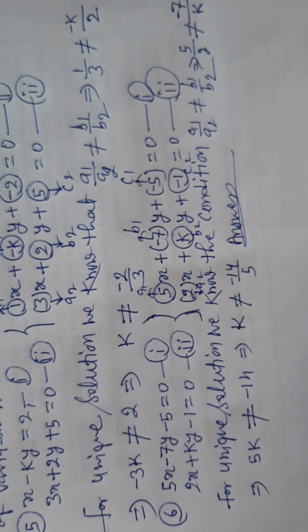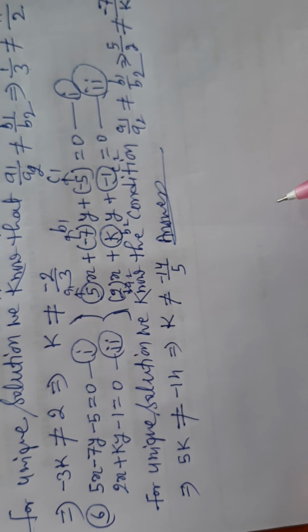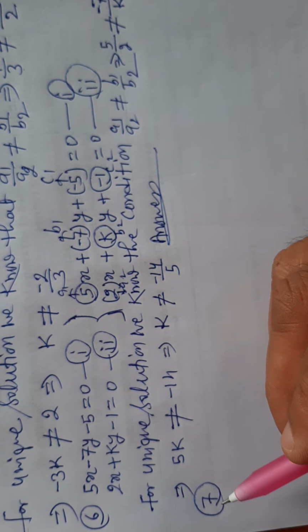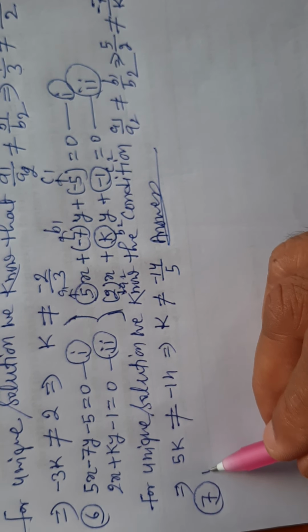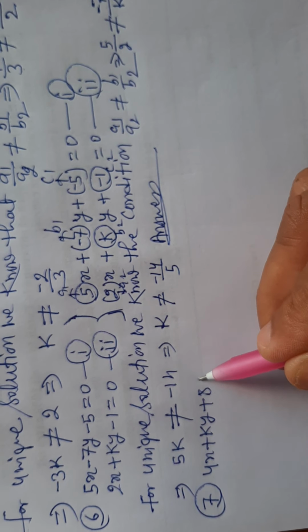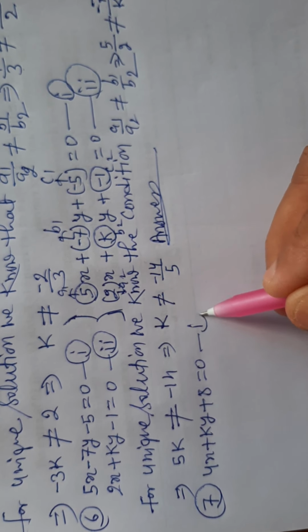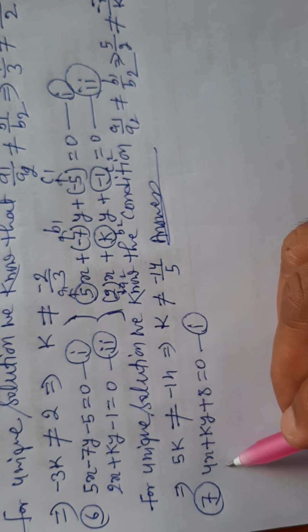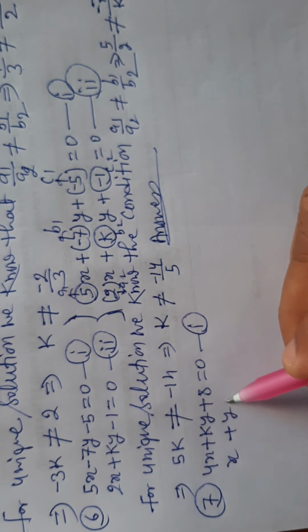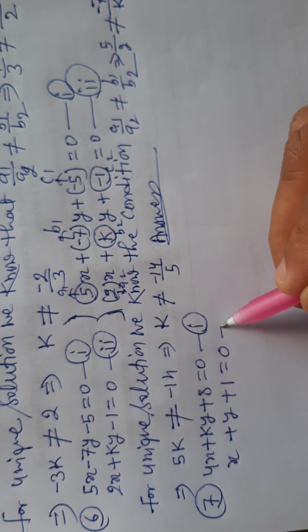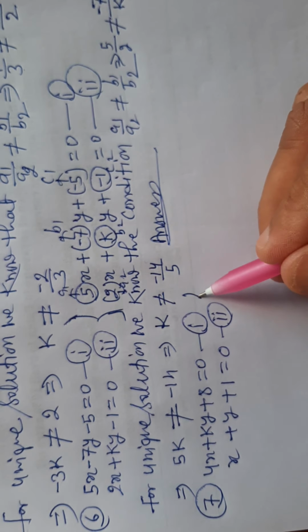Next, question number 7. 4x plus ky plus 8 is equal to 0. Equation 1. 4x plus ky plus 8 is equal to 0, and x plus y plus 1 is equal to 0. Equation 2.